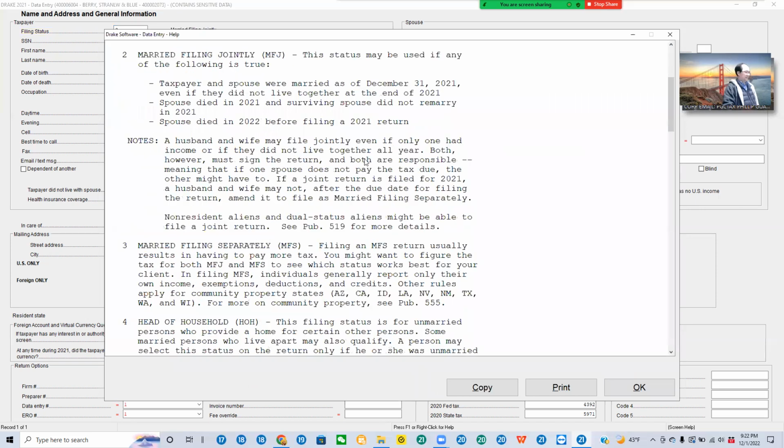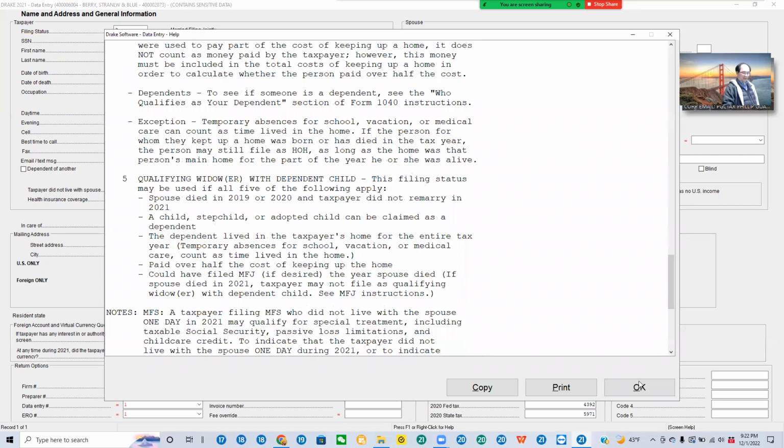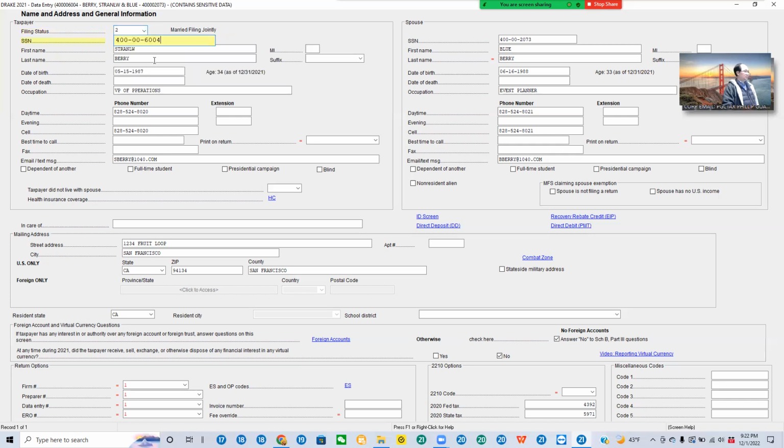It's going to pop up the explanation of each and everything. And then in this situation, number 2, yes: social, first, last name, birthday, occupation for wife with the other spouse, email, the address.